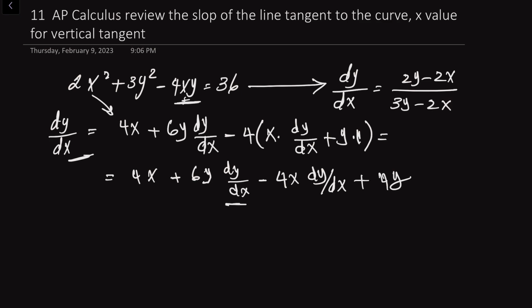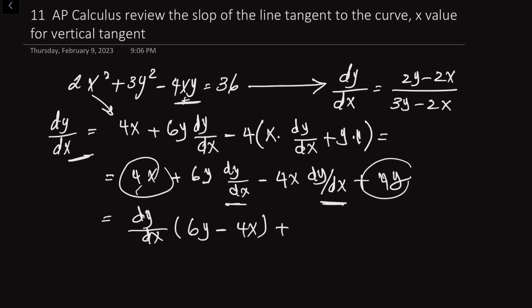So we have dy/dx. Let's take a common factor, dy over dx: 6y minus 4x, plus, take the 4 out, so x minus y. Oh, this is minus, so it will be x minus y.